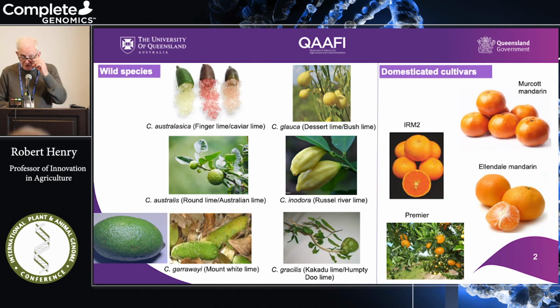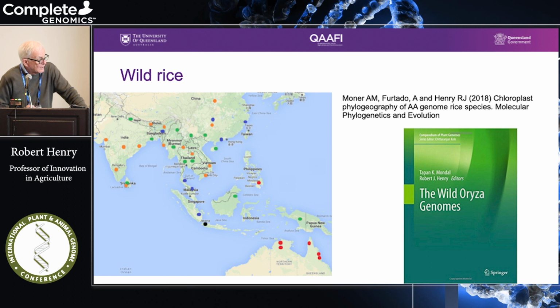We're doing the same thing with citrus, sequencing all the citrus, and we've got some amazing diversity in wild citrus, including resistance to the diseases that are threatening the citrus industry here in the US and elsewhere. Rices, we're working with rices across the whole range in the wild. Amazing diversity.